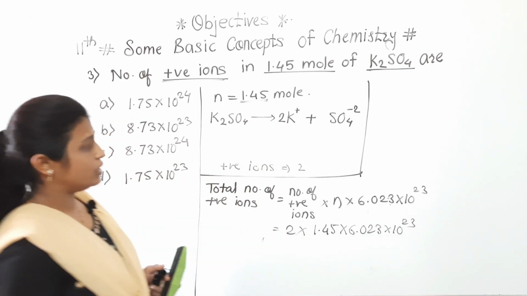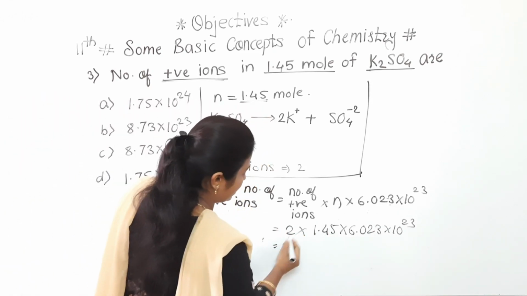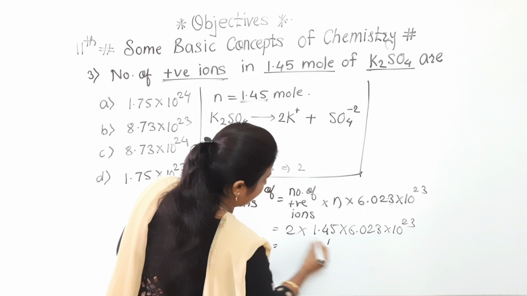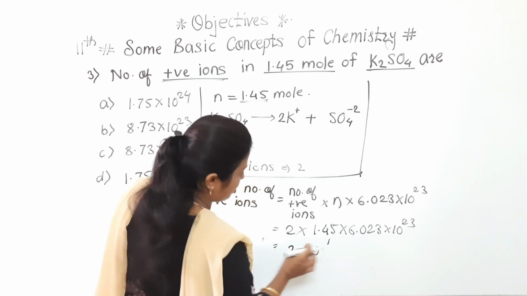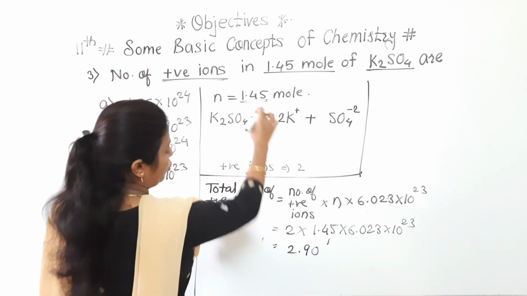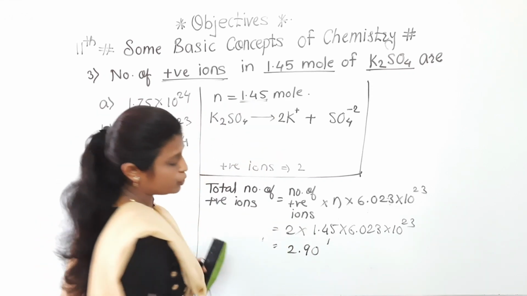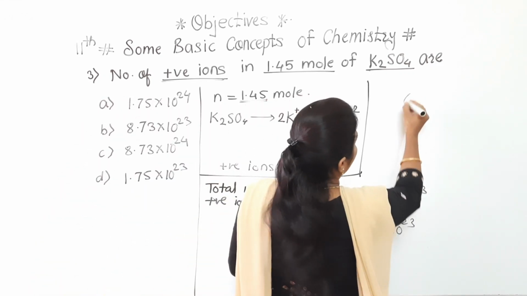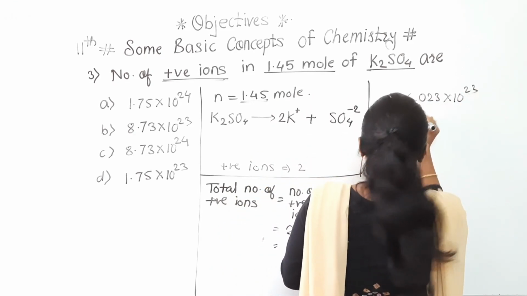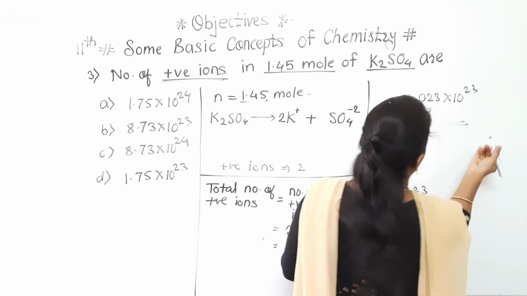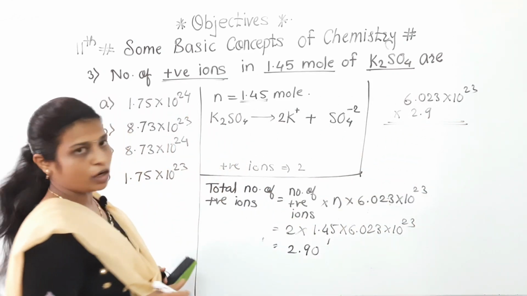Simple calculation is there. 5 2s are 10, 4 2s are 8 plus 1 is 9, 2 2s are here. So 1.45 into 2, that answer will be 2.90. If we multiply 6.023 into 10 raised to 23 by 2.9, then we get the answer.